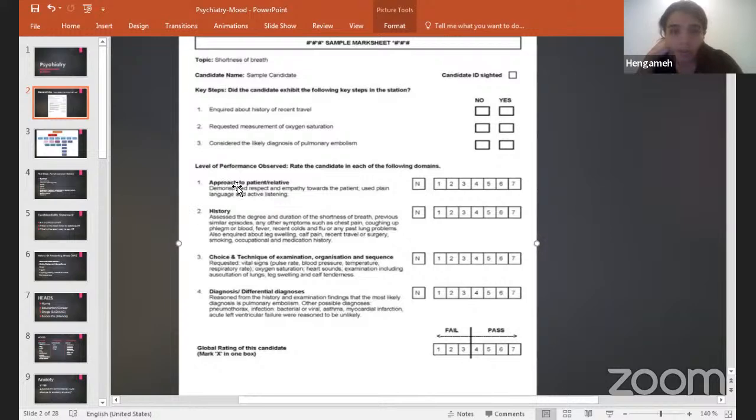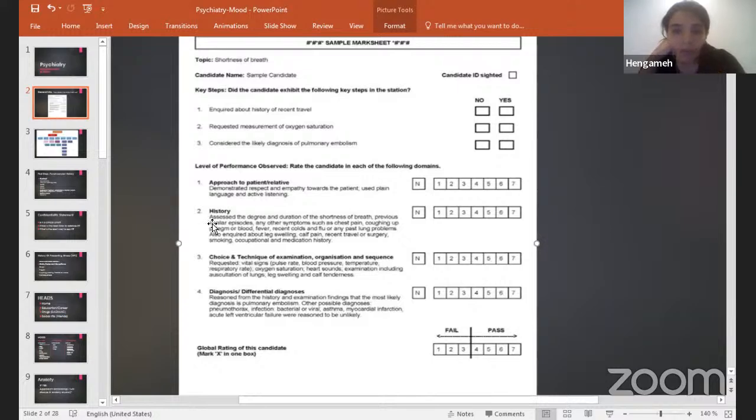And then in the explanation, it says demonstrate respect and empathy towards the patient and use plain language and active listening. So active listening means addressing whatever the patient tells you. If we don't address what we hear from the patient, it means it's not active listening. We're not listening to the patient. And then using layman language is part of the approach.